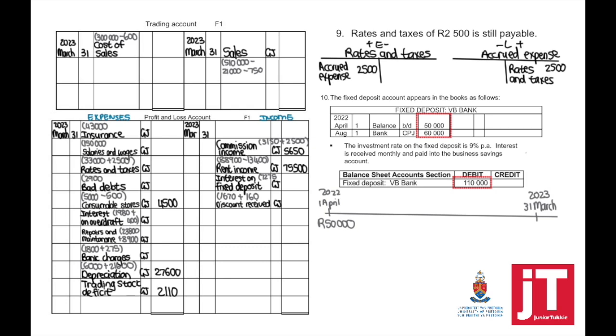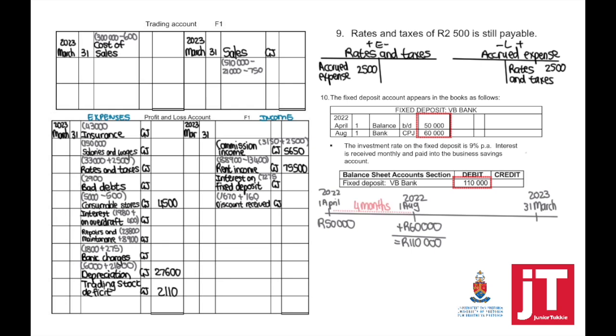In the beginning, our investment was 50,000. On the 1st of August, we increased that by 60,000, which means from August until the end of the accounting period, my investment was 110,000.